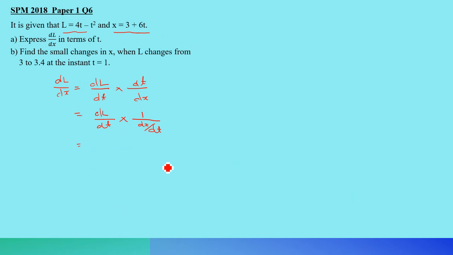When you differentiate L with respect to t, you will get 4 minus 2t, times, when you differentiate your x with respect to t, you will get 6, so you get 1/6. So when you simplify this, you get (2 minus t) over 3. So that will be your answer for this.